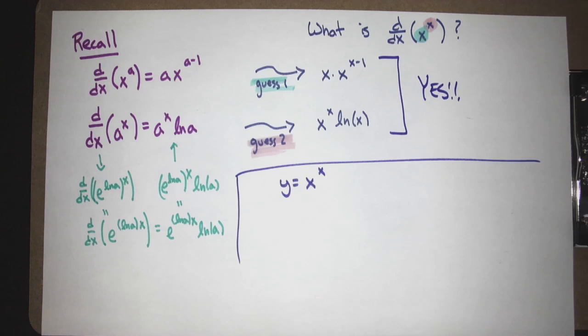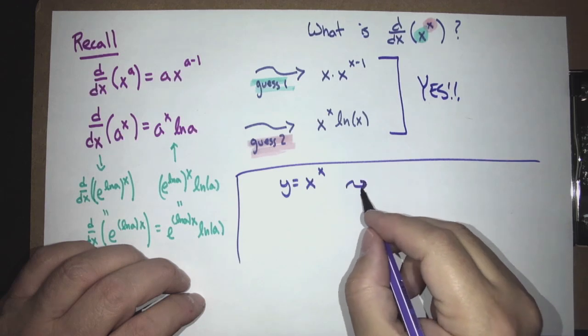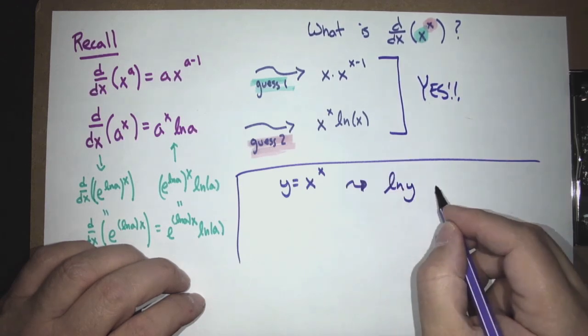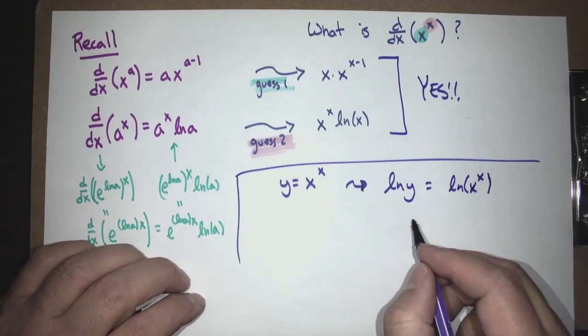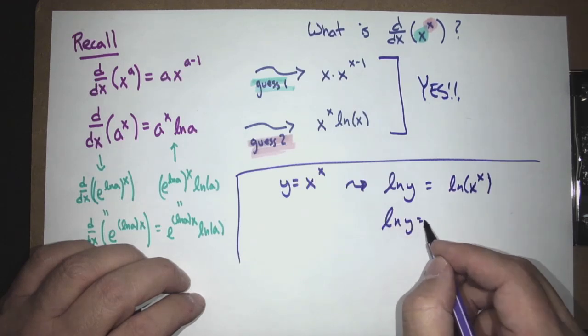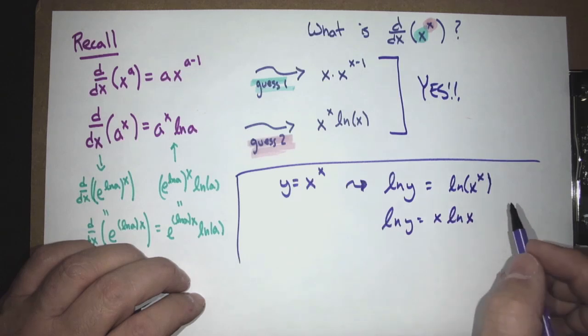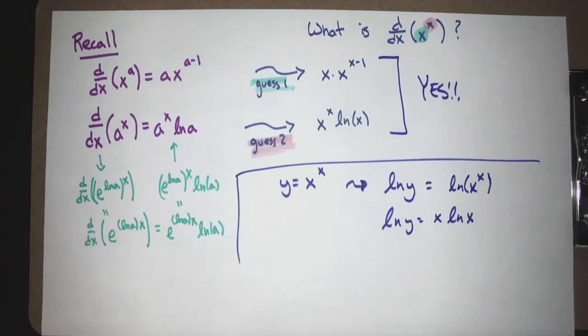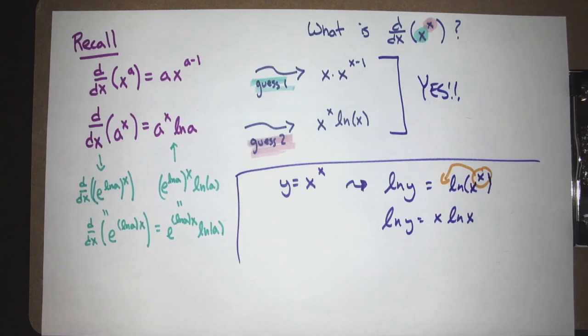Logs let us bring stuff from the upstairs down. So this becomes log of y is log of x to the x, or log of y is x log x, because we can apply the rules of logs. And the rules of logs say, hey, things come down.